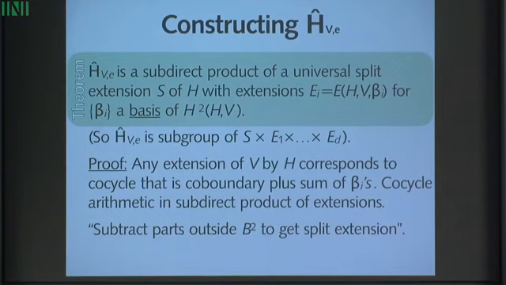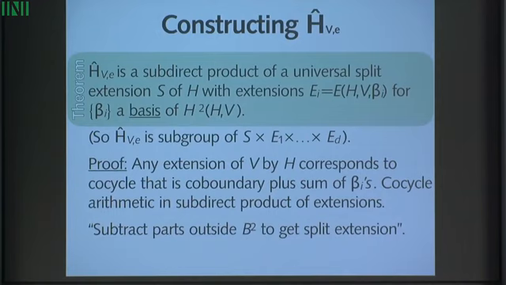For the structure of this group, we show, and this is again something which is not obvious and which one needs to prove, that this new cover is a subdirect product of multiple parts. One of them is a universal split extension. You might remember that I cited from Gaschütz that this representation module was a direct sum of two parts, a universal split part and a non-split part.